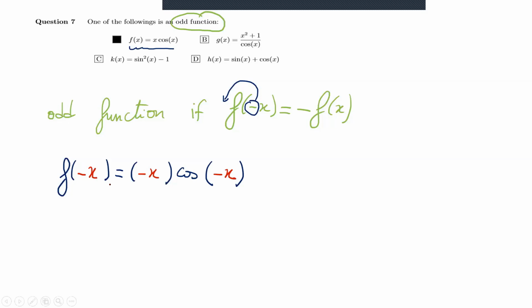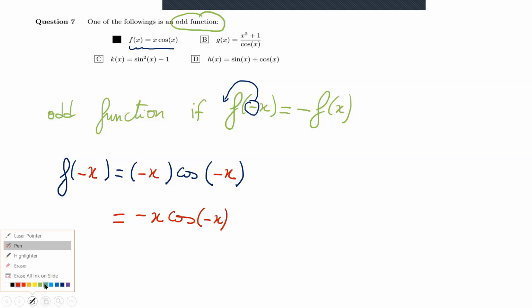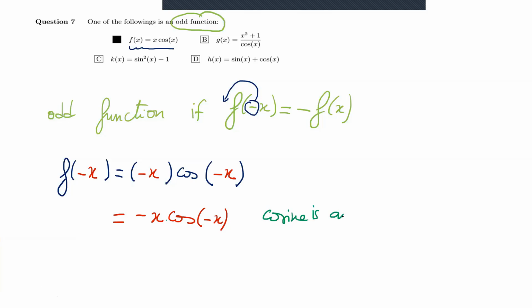And then we try to simplify. So we have parentheses, but we have nothing in front, so we can remove them. Cosine of minus x. We know that cosine is an even function.